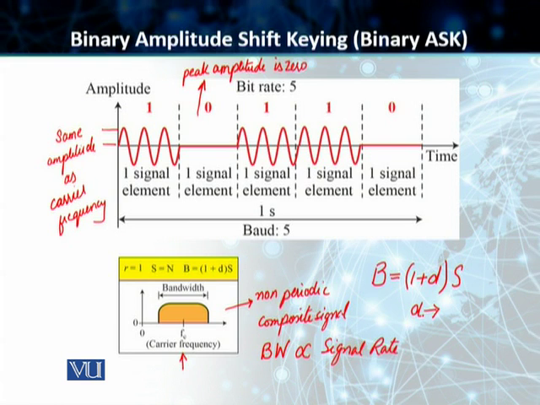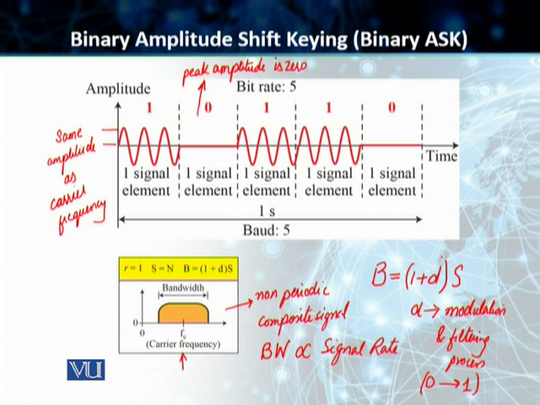Students, this factor D depends on the modulation and the filtering process. The value of D will always be between 0 and 1, which essentially means that the required bandwidth has a minimum value of S and a maximum value of 2S.